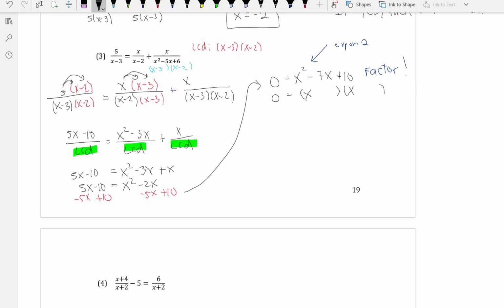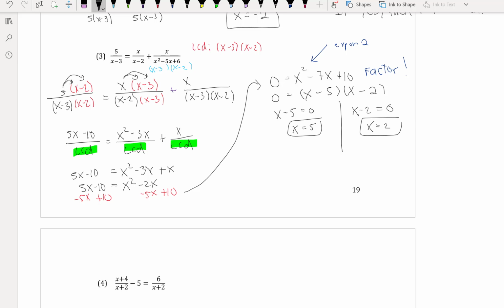Two numbers that multiply to 10 are 5 and 2, and if they're both negative, negative 5 and negative 2 add up to negative 7. So now I have x minus 5 is equal to 0, so x is equal to a positive 5. Next I have x minus 2 is equal to 0, so x is equal to a positive 2.